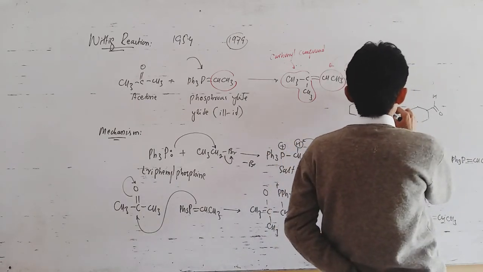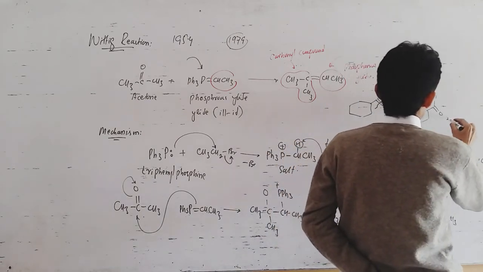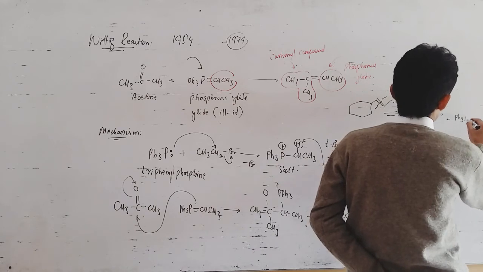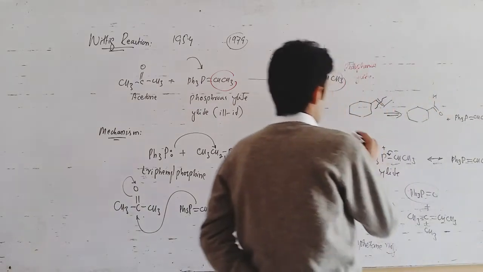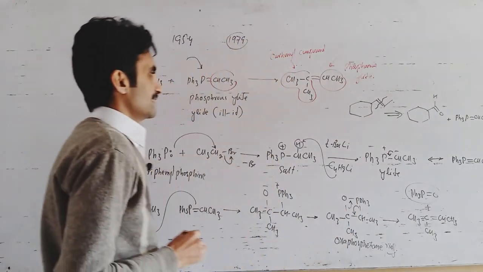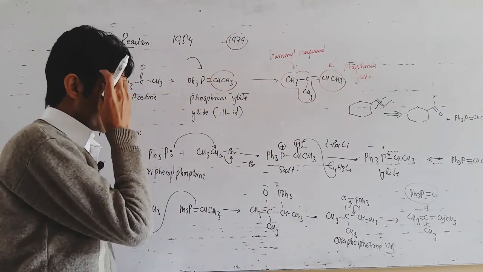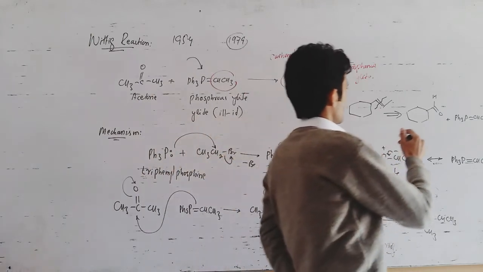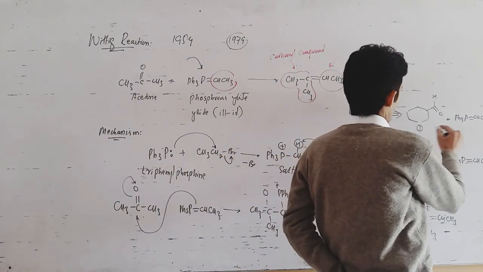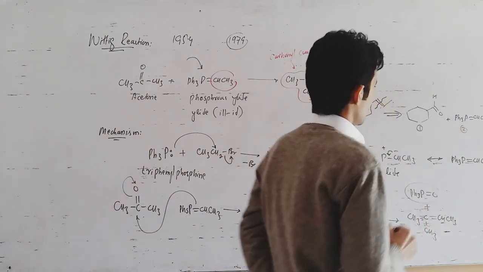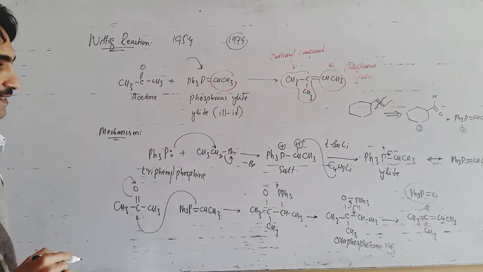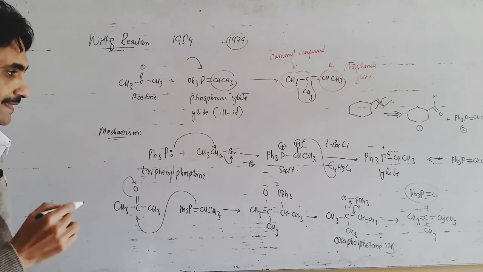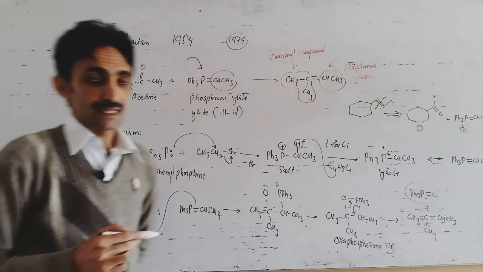Here there are two atoms, 1 and 2. So for this reaction the starting material will be this compound and this will be the phosphorus ylide.